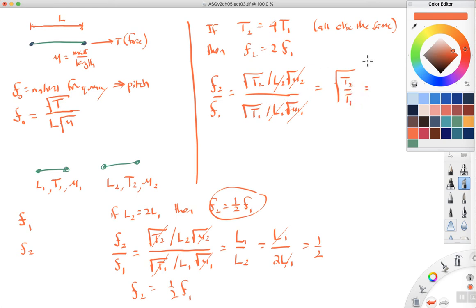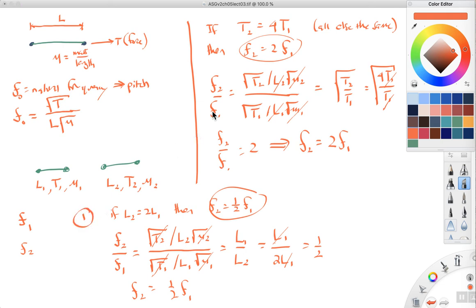If T2 is 4 times T1, then we cancel the T1s, and F2 over F1 is equal to the square root of 4, which is 2. In other words, frequency 2 is 2 times frequency 1, which is exactly what we wanted. Once again, this dependence on the tension gives us the correct relationship between tensions and frequencies.